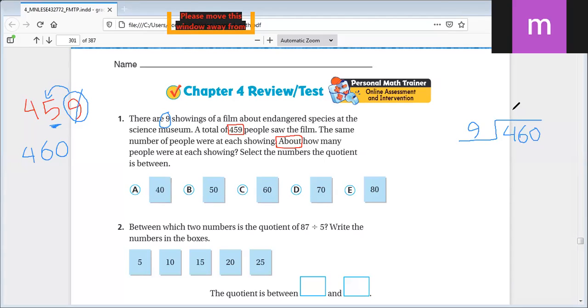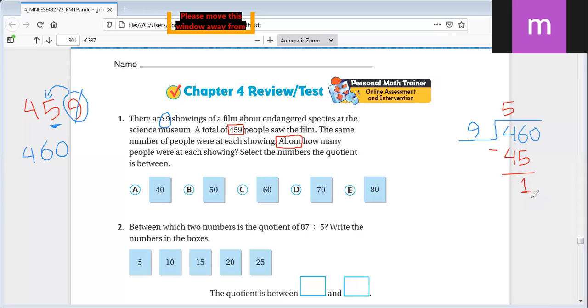46 divided by 9 is 5. 5 times 9 is 45. Write 45 down here, then subtract. 46 minus 45 is 1.